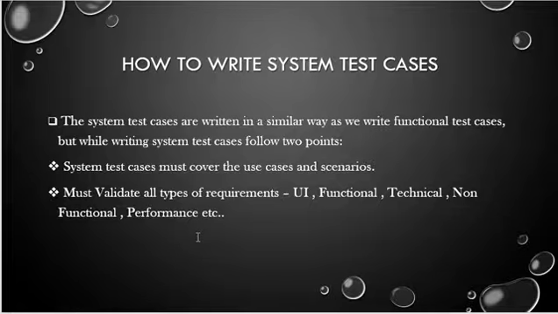Okay, and it must validate all types of requirement. When I say all types of requirement: user interface, functional, non-functional, performance, security, each and every point you should consider while writing system test cases. These two are the main points which you have to follow while writing the system test cases.